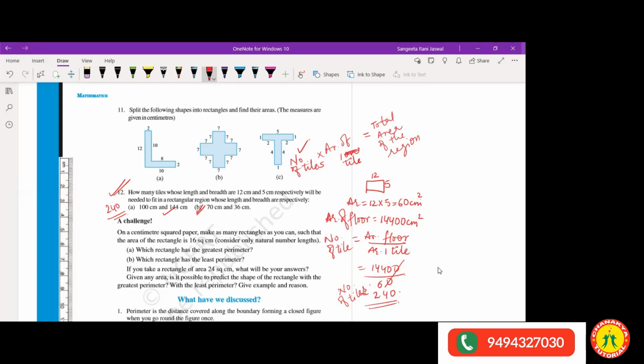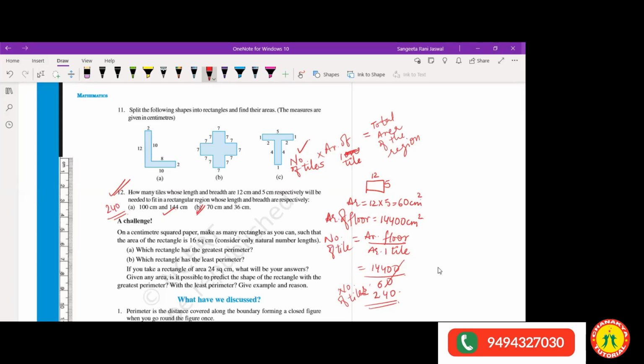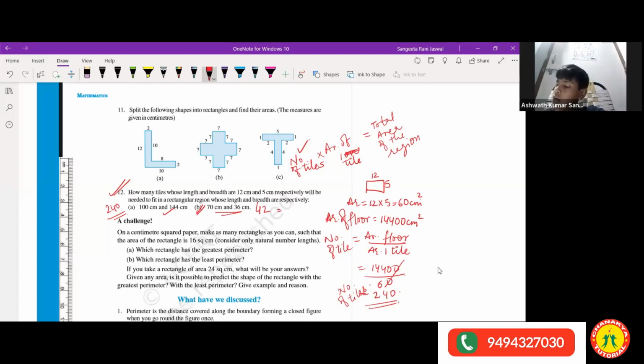Tell me, how many tiles are there? 42. Are all getting the same? 42. What is the area of this? It is 2,520 square centimeters.